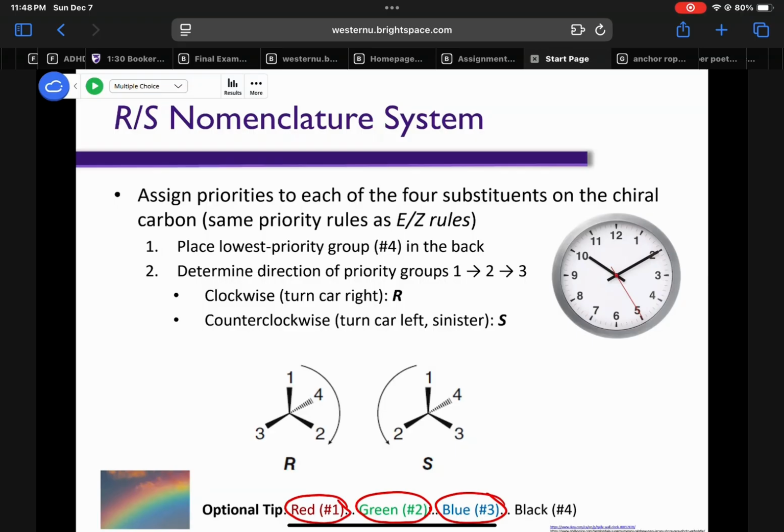We're going to point 4 away from us. Hold number 4. Red, orange, yellow, green, blue. 1, 2, 3. Which way is my hand moving? Or if I turn my steering wheel this way, I'm turning to the right. This is a clockwise direction. Therefore, this is the R enantiomer.